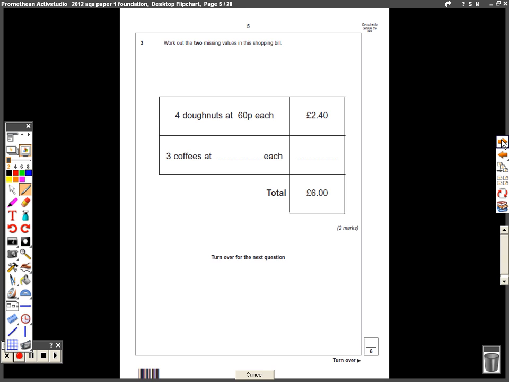Now, if the total was £6 and the donuts cost £2.40, then the missing amount for the coffees must be £6 take away £2.40. Now you may be able to do that in your head by counting up.